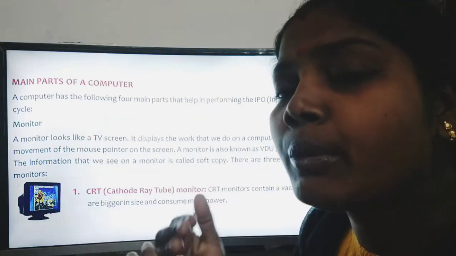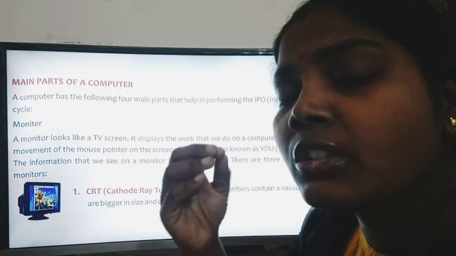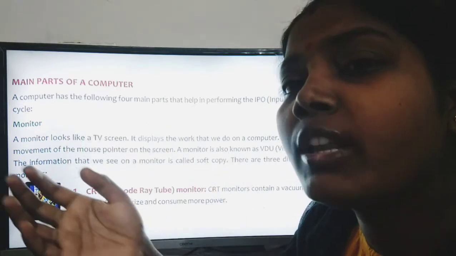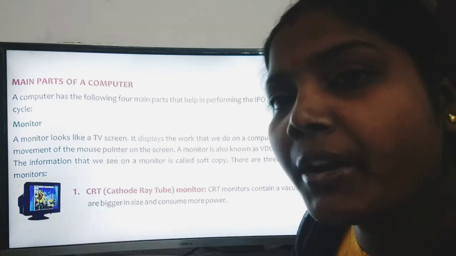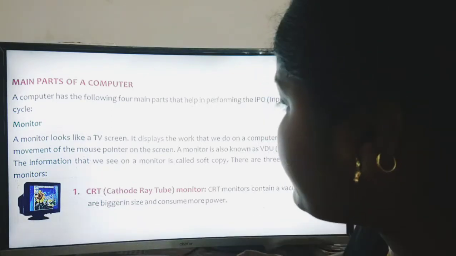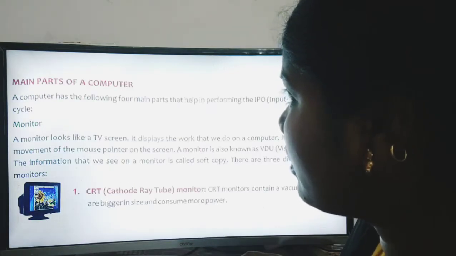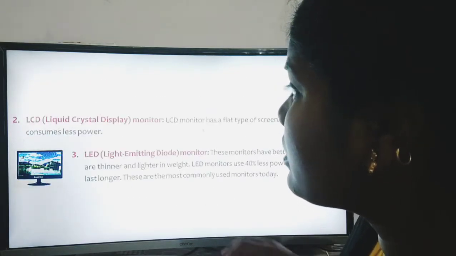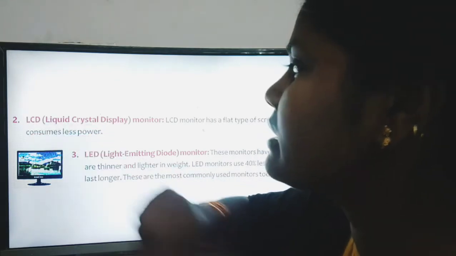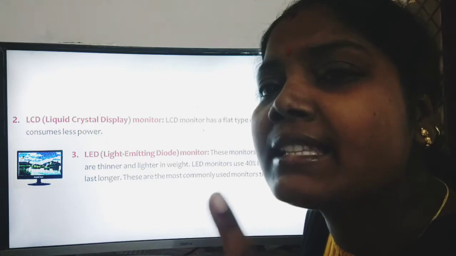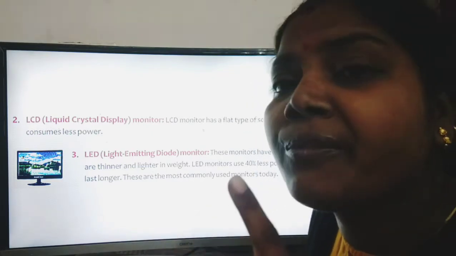So people thought about it and wanted a little more advantage, so they found the next type of monitor, that is LCD. The first one is CRT, and the second monitor is LCD.